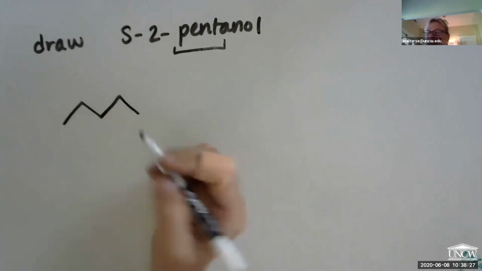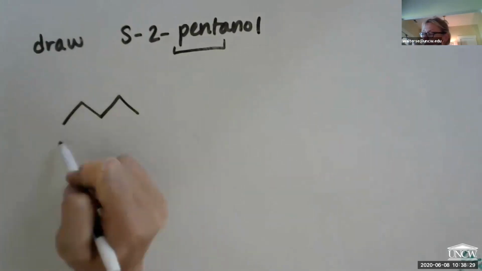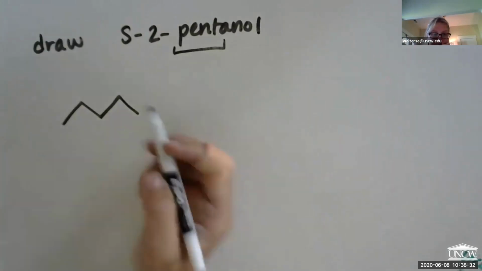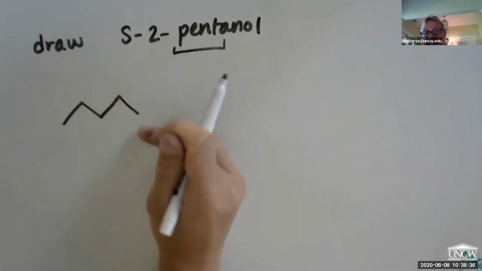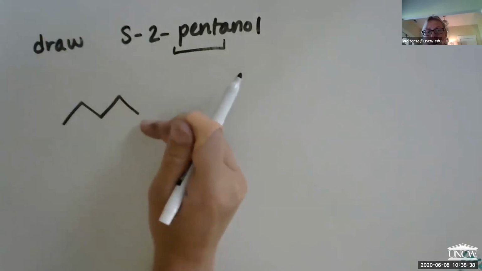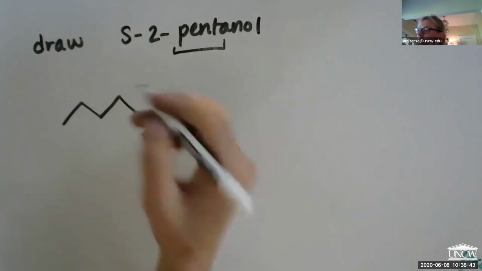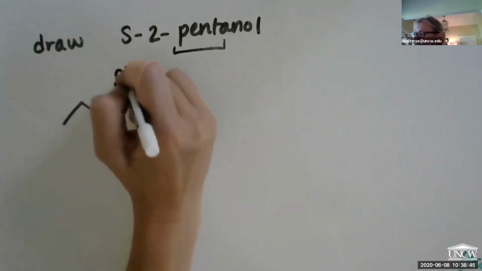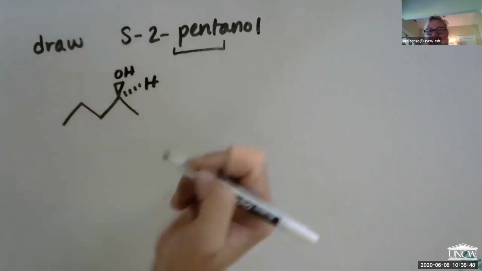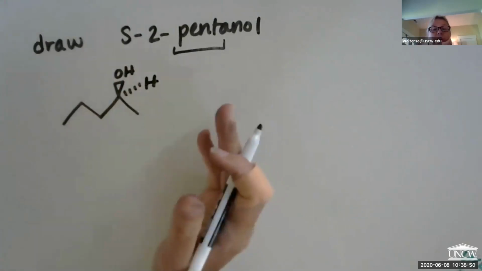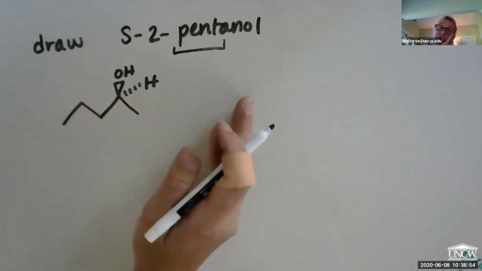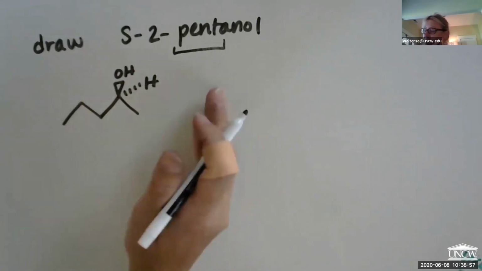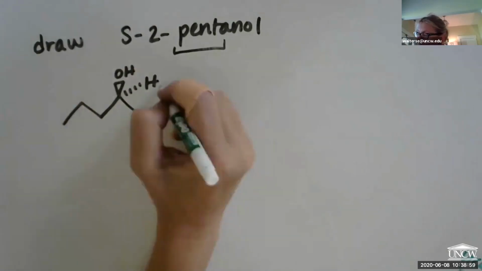Then I would decide whether I wanted to number from right to left or left to right. So I'll start over here this time. I don't know by looking at this template whether the hydroxide has to be on a dash or a wedge. But the easier place to start is to do the hydrogen on the dash. I don't know if this is right or not yet. This is one enantiomer. I just don't know which one. Then I would do my ranking.